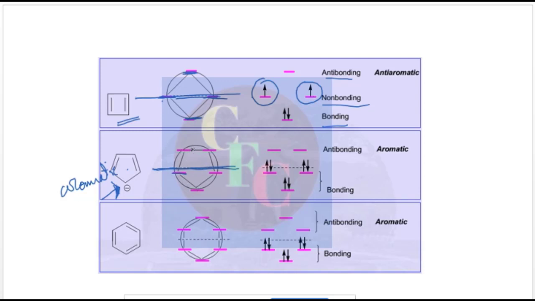The ones above are anti-bonding, below is bonding. See, all the 6 electrons are occupying the bonding orbitals. That's why it is stable and aromatic. The same is the case for benzene. All of the electrons are in the bonding orbitals.